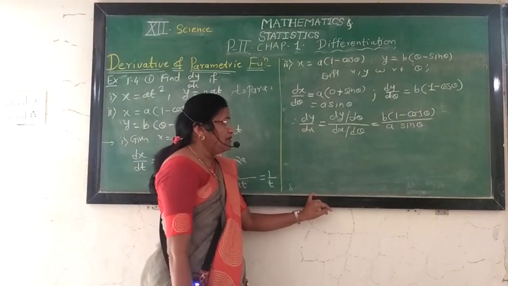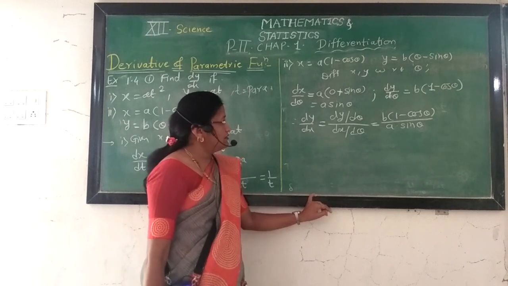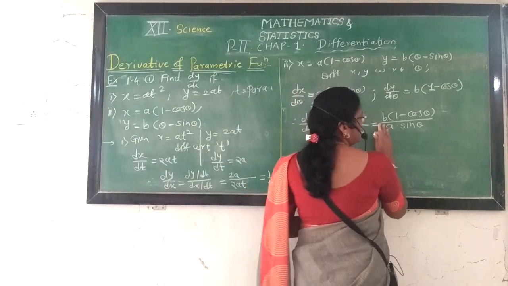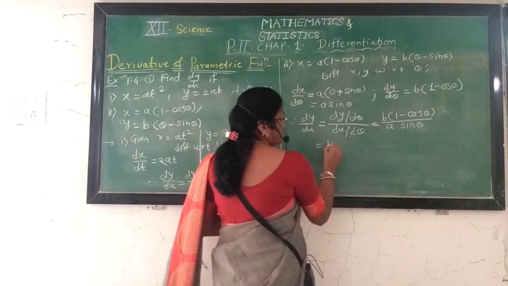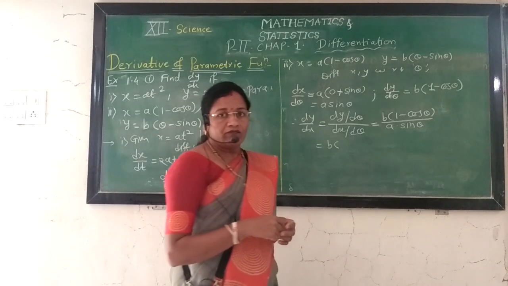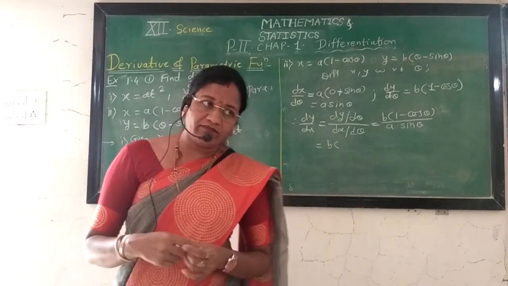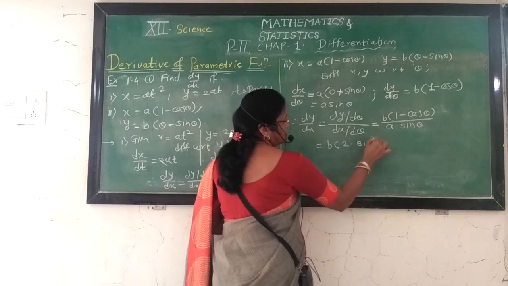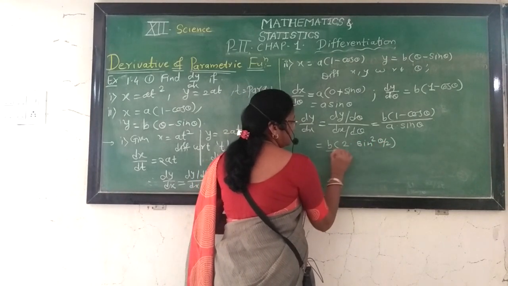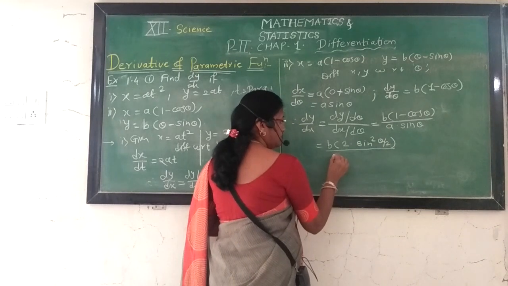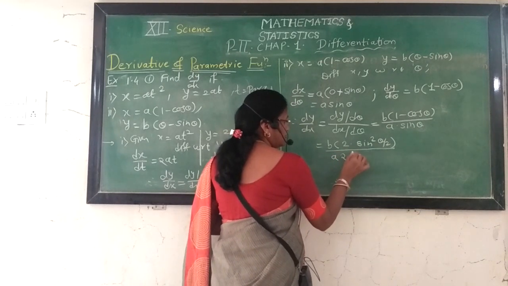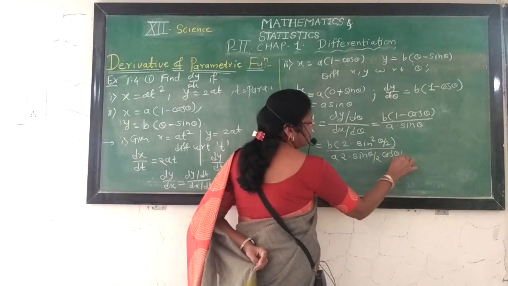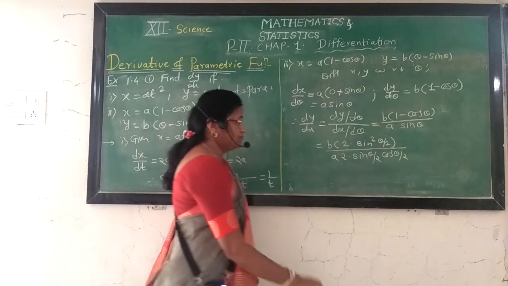But many times the question is given with the options as the half angle result. So we may write this as b into 1 minus cos theta, which is equal to 2 times sin square theta by 2. And for sin theta, using the double angle formula, 2 times sin theta by 2 into cos theta by 2.